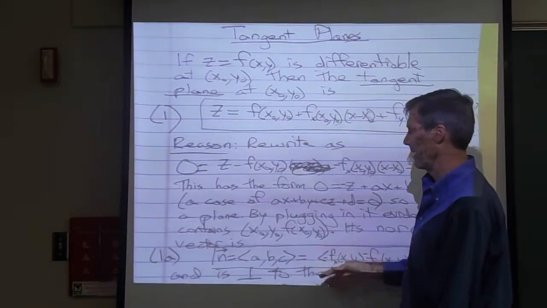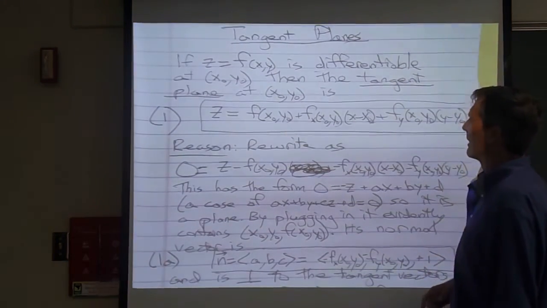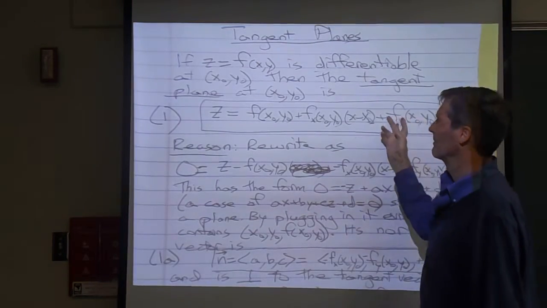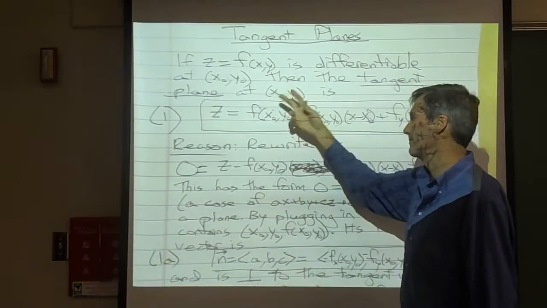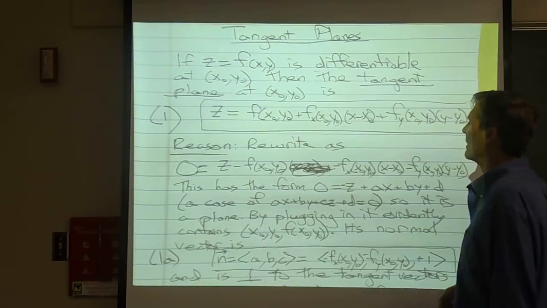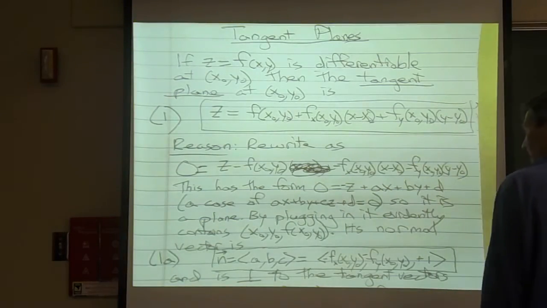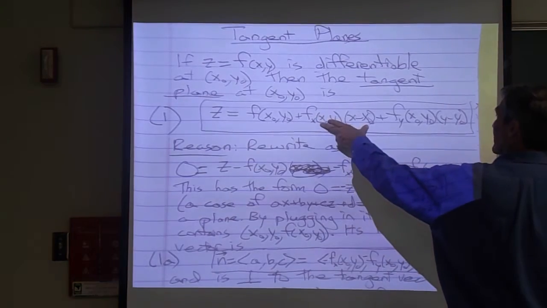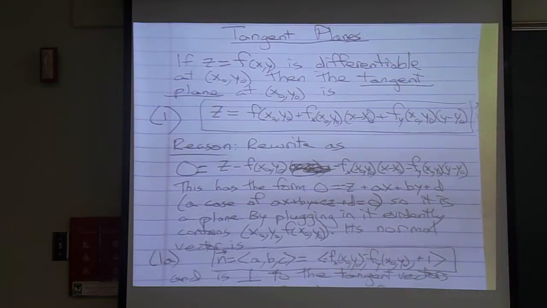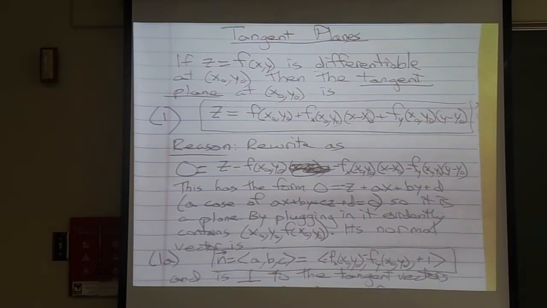Here it is, you just write it down, and it has normal vector minus fx, minus fy, 1 immediately, which you can get by subtracting this over and looking at the coefficients of x, y, and z. All right. So immediately there's the equation of the tangent plane, there's the equation of the normal vector to any surface, and you really just memorize those. Otherwise you have to figure them out every time. They're not too bad.